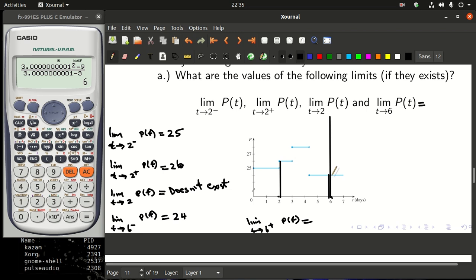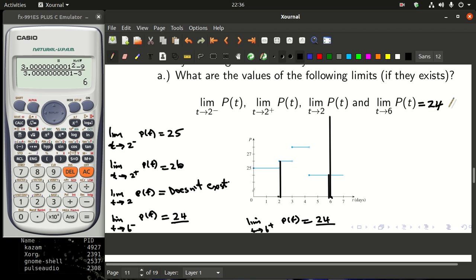The value of the function at that point just after 6 is still 24. So I have a 24 here. Because this 24 and this 24 are the same from the left of 6 and from the right of 6, the limit as t approaches 6 of p of t is just going to be 24. That's how easy this thing is.